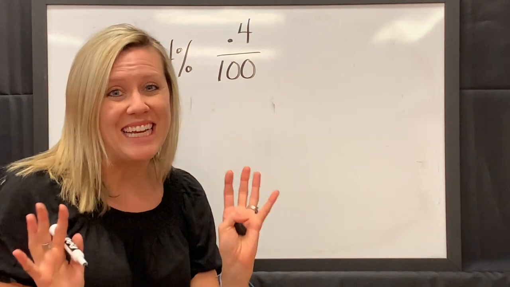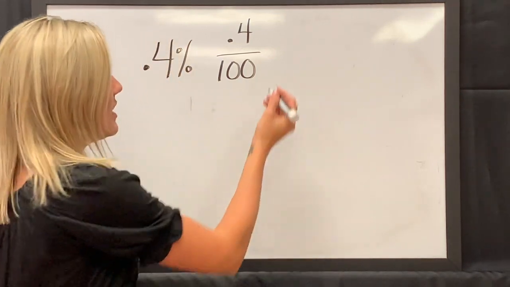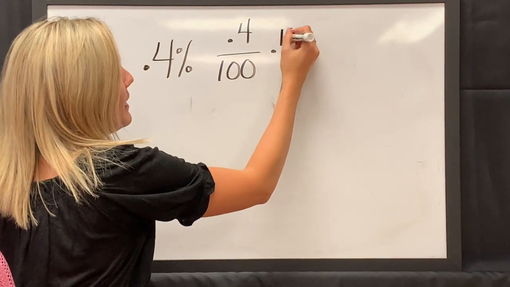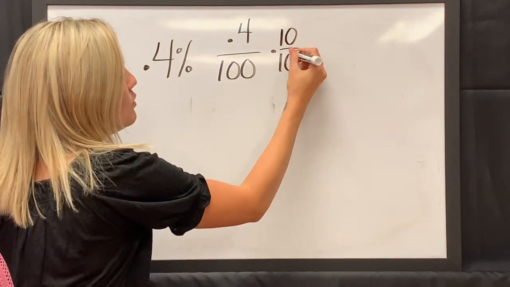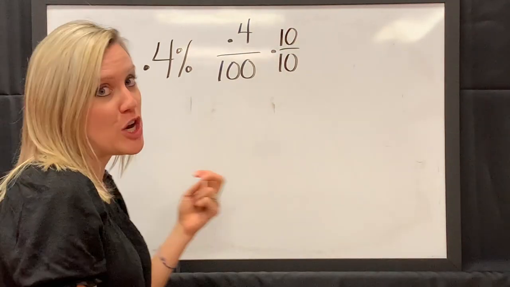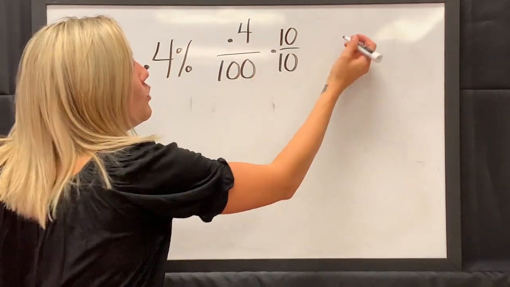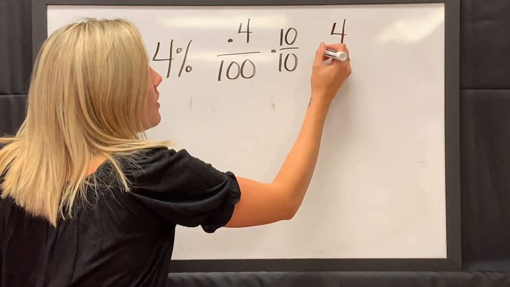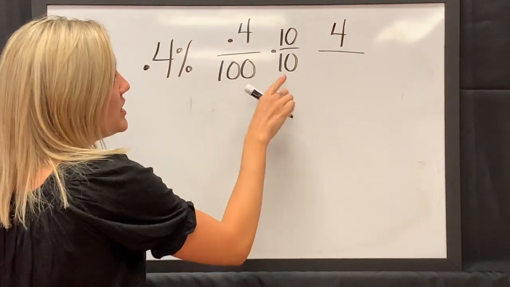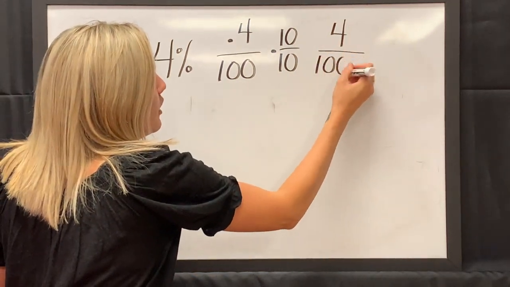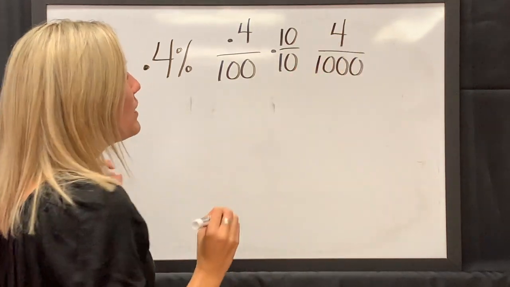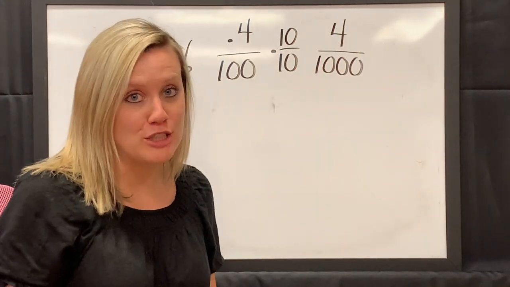I'm just trying to neaten up my fraction so it doesn't look like this. So I'm going to multiply by 10 over 10, which is equivalent to 1, so I know I'm allowed to do it. 0.4 times 10 would be 4. And then 100 times 10 is 1,000. Okay, now that I got rid of that decimal, I'm going to start reducing.